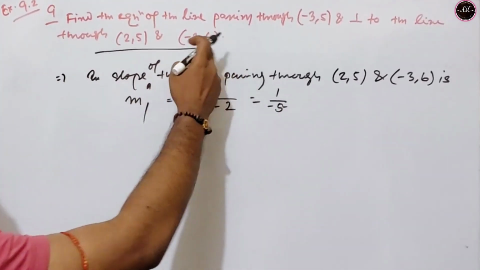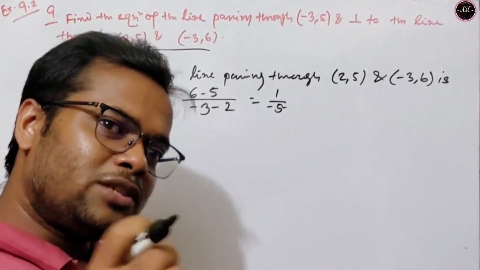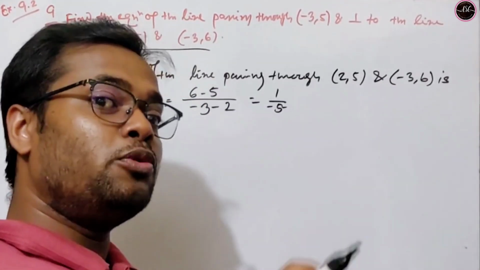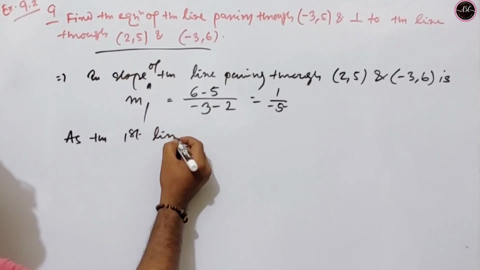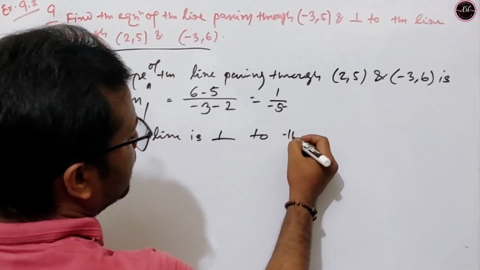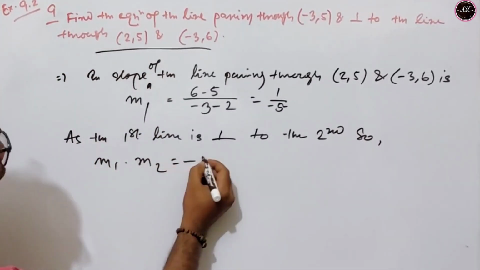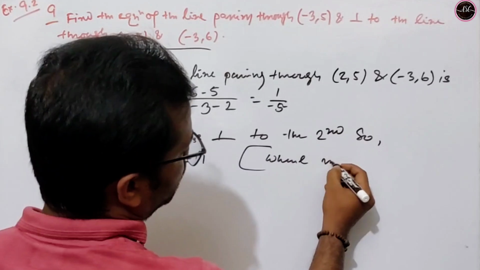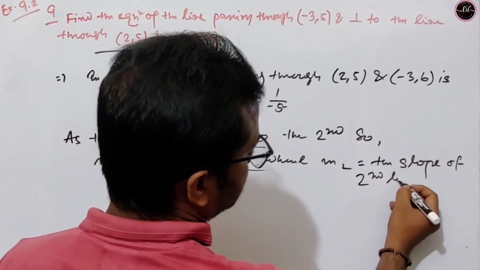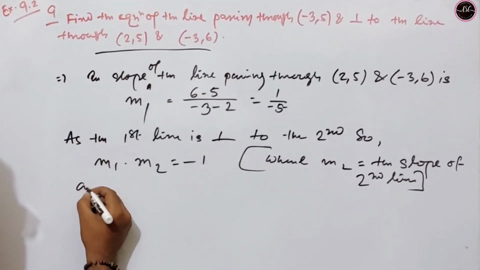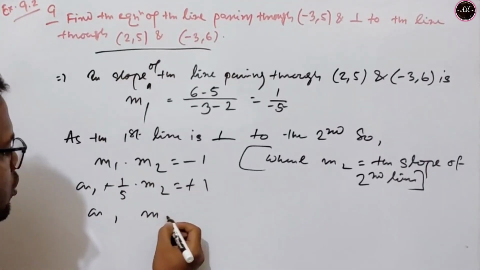As this line is perpendicular to this, the multiplication of their slopes will be minus 1. So m1 into m2 equal to minus 1, where m2 equals the slope of the second line. Just put here the value of m1: minus 1 by 5 into m2 equal to minus 1. So minus minus will cancel out and m2 equals 5.